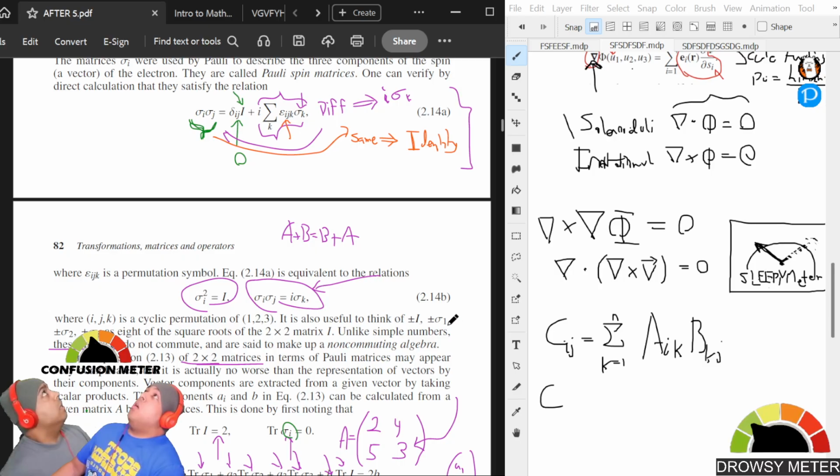It is also useful to think of plus or minus I, plus or minus this, plus or minus this as the 8 square roots of, I'm fine with this, yeah. Unlike simple numbers, these matrices do not commute and are said to make up a non-commuting algebra.